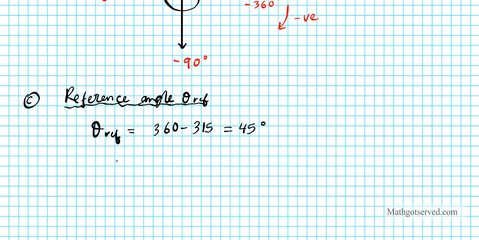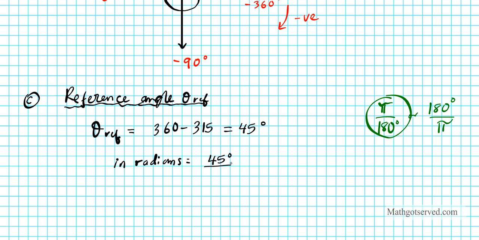In radians, because we are expected to express it in degree and radians, 45 degrees, we need to multiply by a conversion factor. We have two choices, either pi over 180 or 180 degrees over pi. We need an option that cancels out the degree. So we're going to pick option number 1 because it has a degree on the bottom and this has a degree on the top.